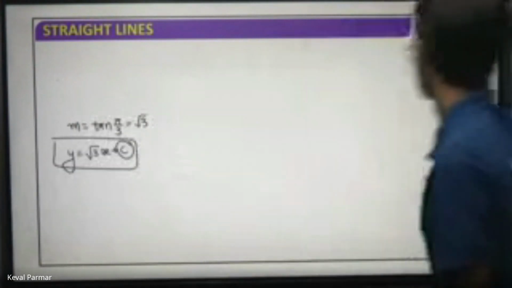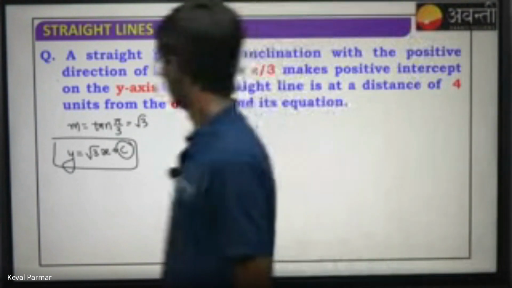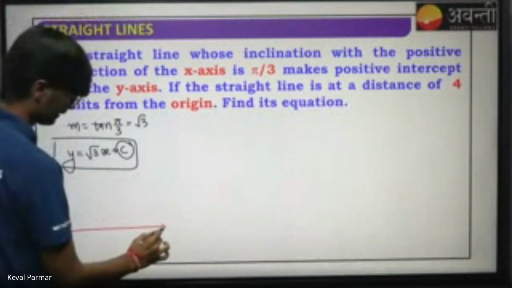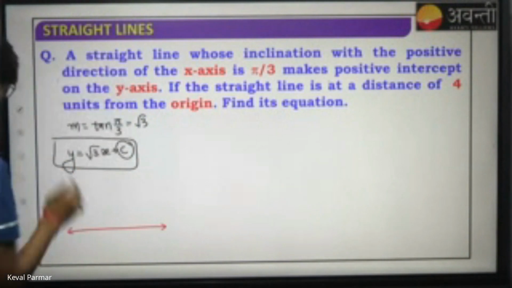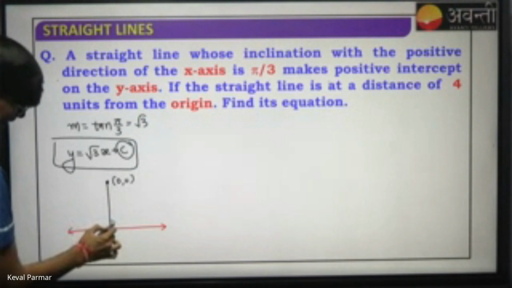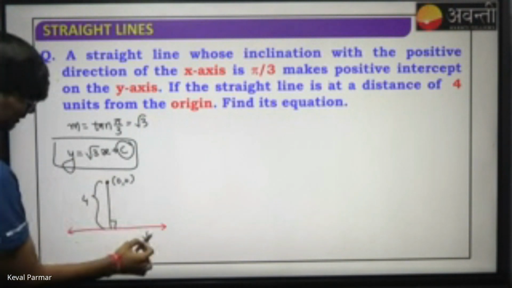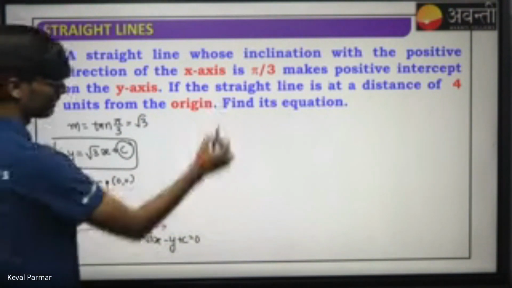Yeah. So this was the question here. Now the distance of 4 units from origin. So this is the given line. And this is origin. So this distance is given as 4. What is the equation? Let me write the equation root 3x minus y plus c equals to 0. Remember, we need c.